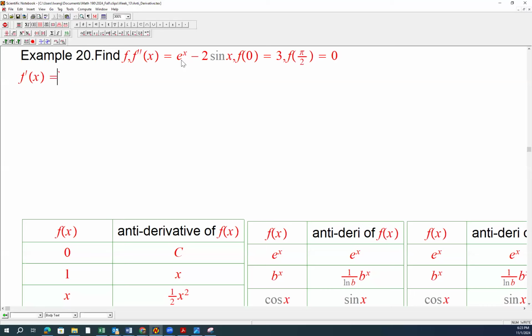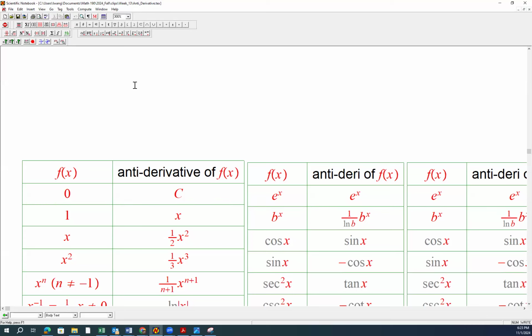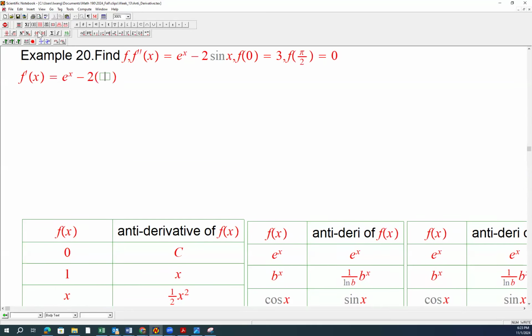That will be equal to the antiderivative of e to the power x, which is e to the power x, minus 2 times the antiderivative of sine, which is negative cosine x, plus the constant C sub 1. And over here, that's going to be just a positive 2 times cosine. All right, so we keep the C1.